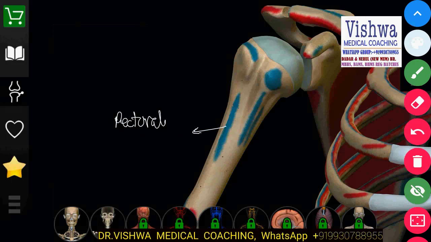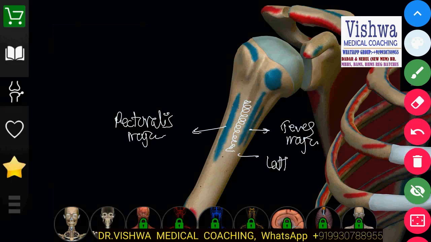Here we have a teres major, and in between that, in the groove, we have latissimus dorsi. This is a very important relation we all must understand. This is also called a lady between two majors.